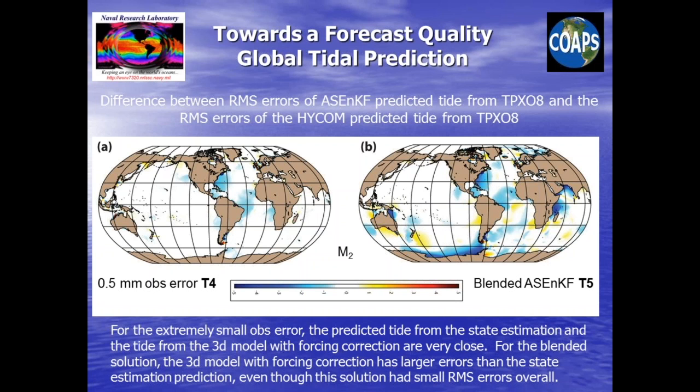And again, the way it's set up, if you see a blue color, that's where the forced model actually is doing better than the prediction, and the warmer colors are where the prediction was actually better than the forced model. But these errors are really quite small. I mean, the color bar I'm showing you here is plus or minus 5 centimeters.